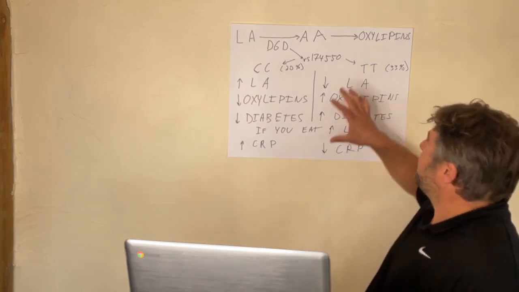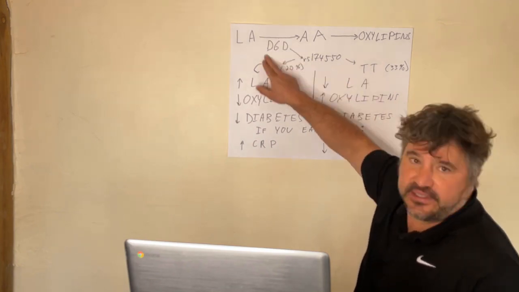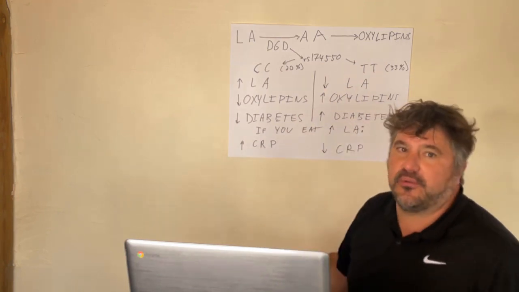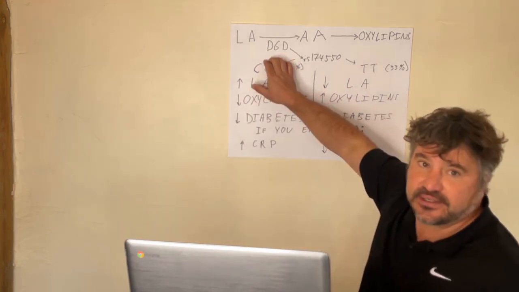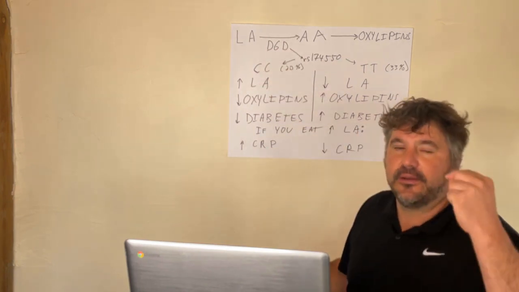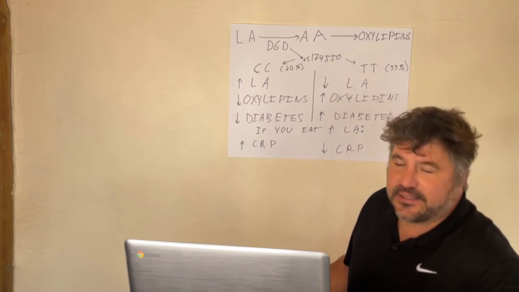that have 2 bad copies of the D6D gene, which in multiple Mendelian randomization studies has been shown to be associated with diabetes, heart disease, rheumatoid arthritis.